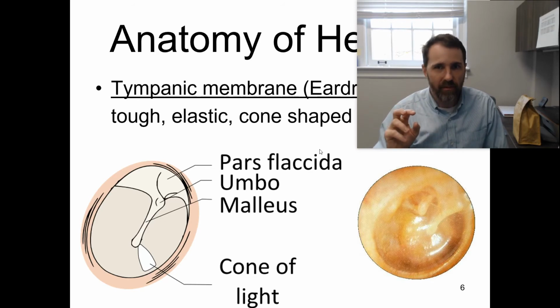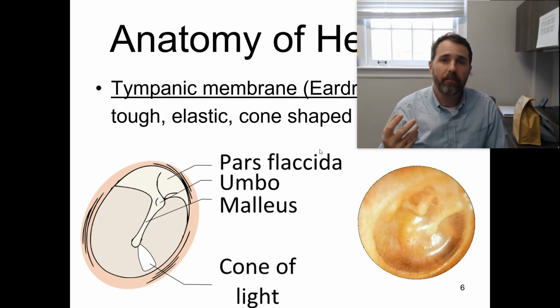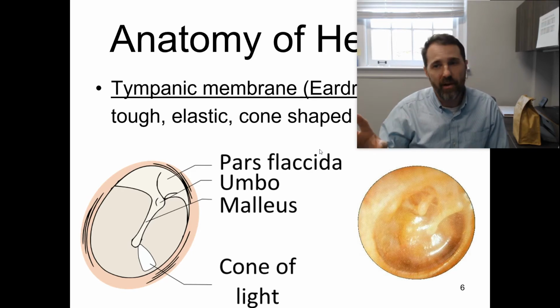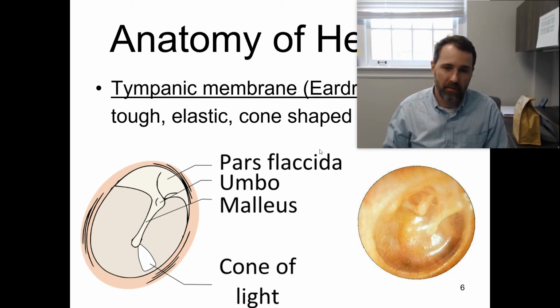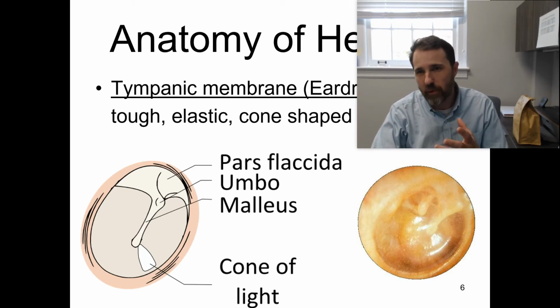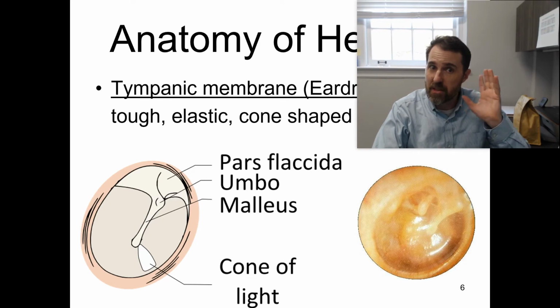And if you don't see the cone of light, then in your thinking there's pressure within the middle ear, and a middle ear infection is usually going to be the cause of that pressure. What we're talking about is fluid in the middle ear. And that can be a problem for children because that means they're not hearing speech very well and they won't develop their speech very well if they can't hear the speech of others.